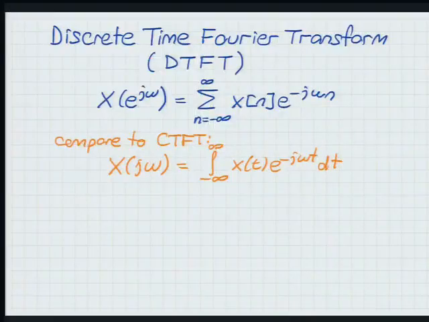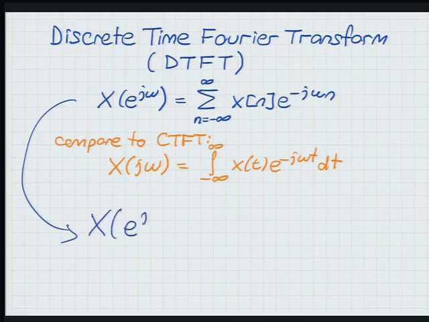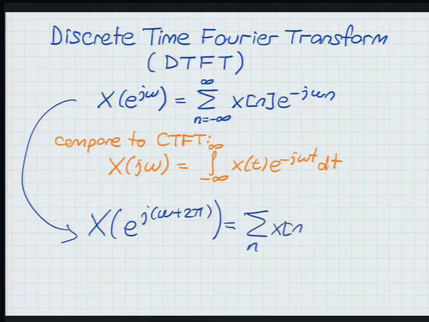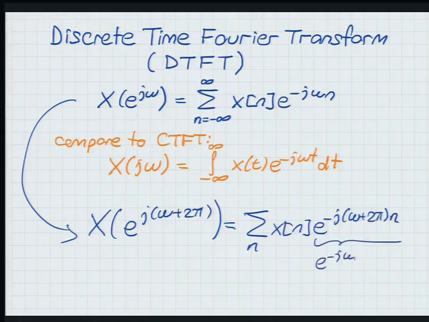If I look at this definition, and if I put X of e to the j omega plus 2 pi, let's see what happens. I'm going to get the sum over n, x of n, e to the negative j omega plus 2 pi n, right? So split this as e to the negative j omega n, e to the negative j 2 pi n. n is an integer.